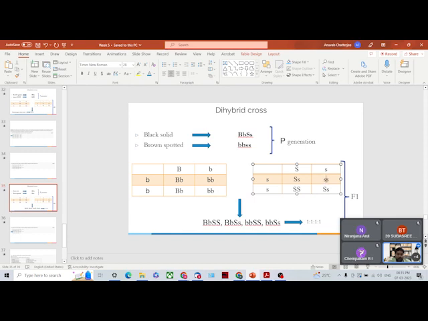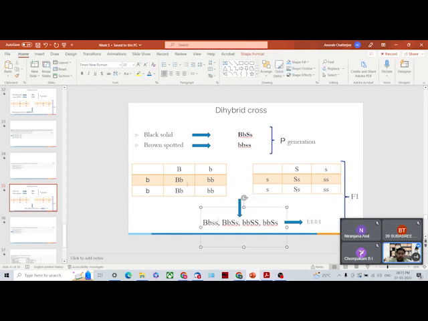Similarly, we have small s here and capital S, small s here. So we have heterozygous in both of them. So the entire combination, when we check amongst themselves, we have capital B small b with capital S small s. This is this one. Capital B small b with small s, which should be this one.